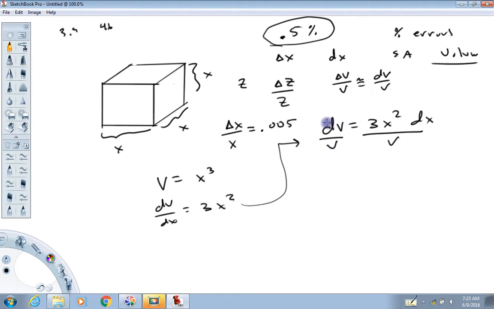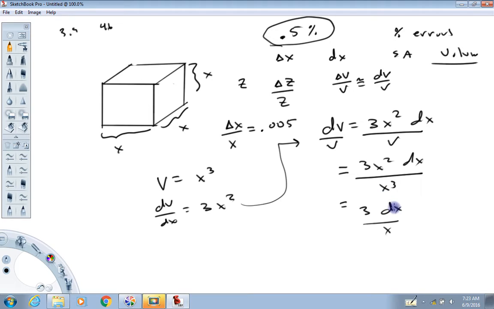Except it wouldn't be a percent, it would be the decimal change in volume, which is basically what we're looking for. Now on the right-hand side, I'm going to just take the volume and write it as x cubed, because that's what the volume is equal to. And this is now equal to 3 dx over x, because we have x squared on the top, x cubed on the bottom.